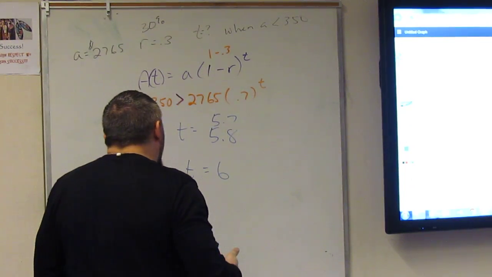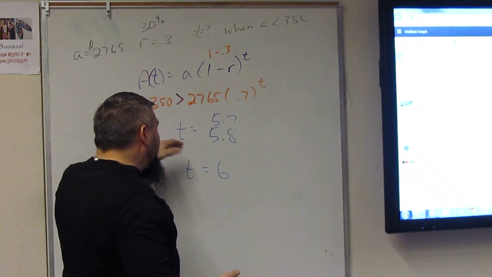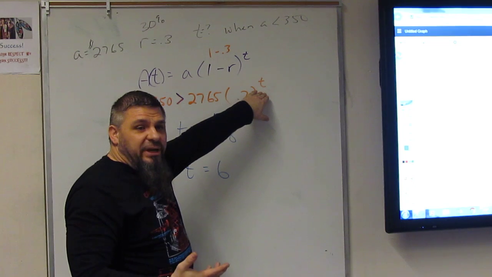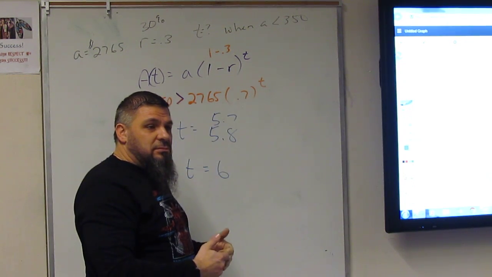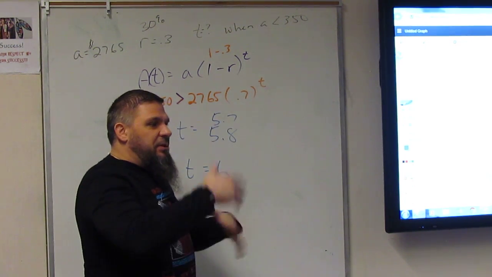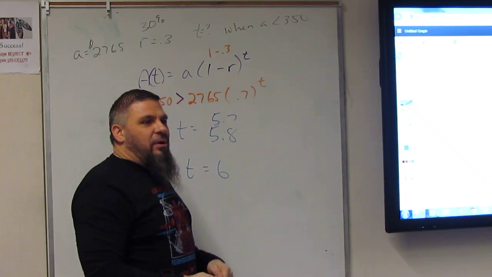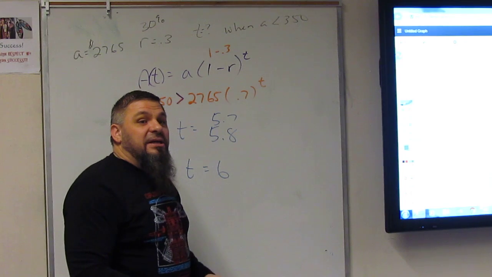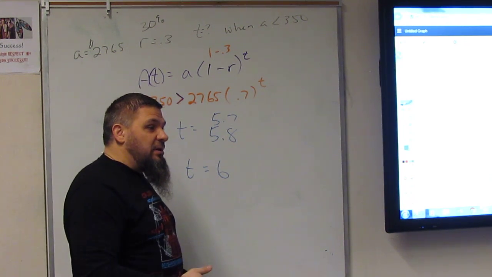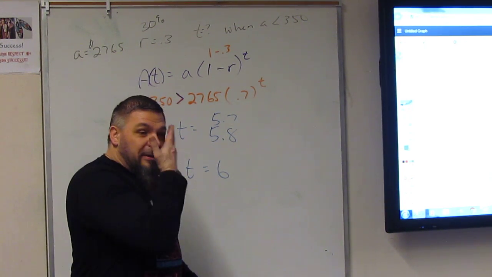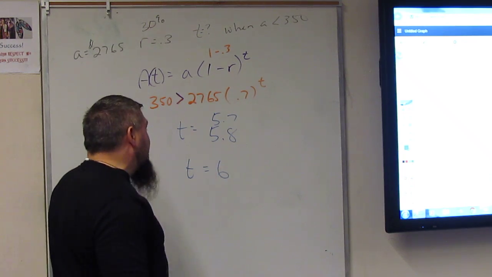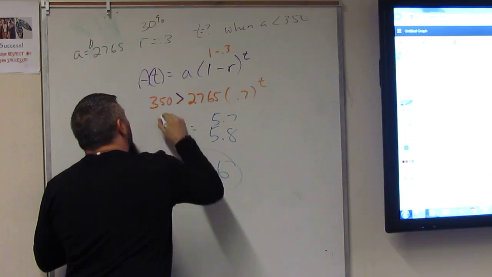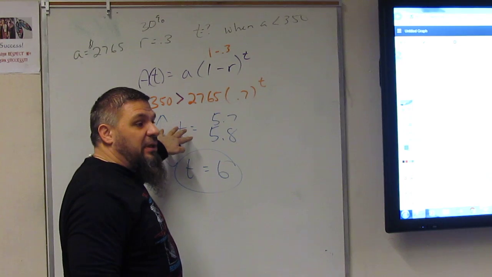But what you would do is plug in 3, above 350. Plug in 4, above 350. Plug in 5, above 350. Plug in 6, less than 350. So when you plugged in 6, you found that this goes below 350.